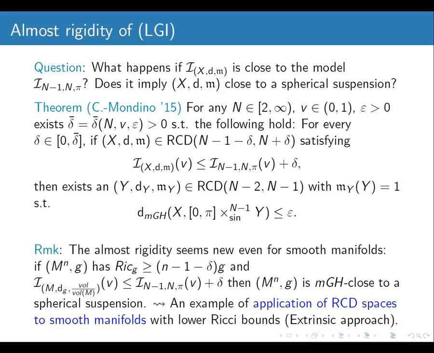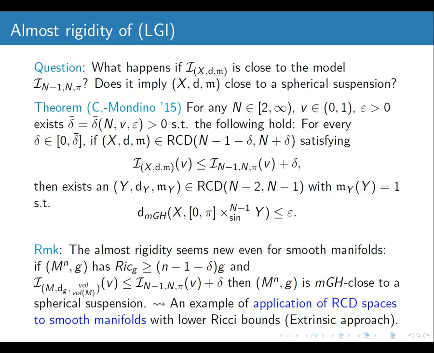No, this is really the difference with respect to the smooth case. Why in the smooth case was this result not known, using only smooth techniques? Or maybe you can just smoothen the spherical suspension a little bit and, being still smooth, you will be close to a spherical suspension, not to a sphere. I don't know.